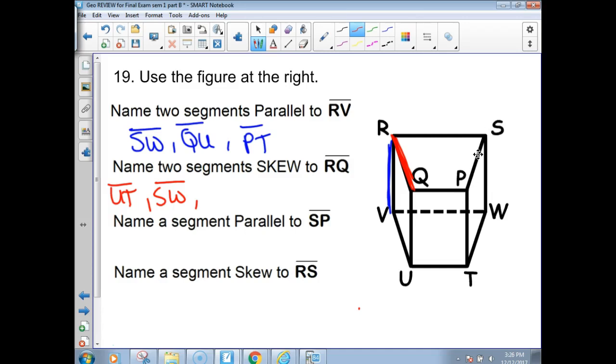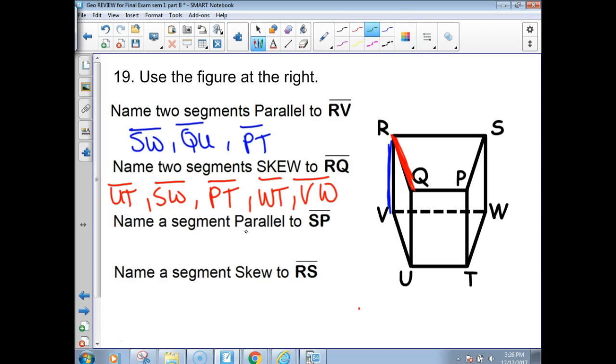How about, what about PS? No, because these would keep going and then they'd smash into each other. But how about PT? Okay, and was that it? Oh, VW will never hit it either. Oh, and WP. Oh my gosh, we got a lot of them. All right, so that's enough. You needed 2 of them.